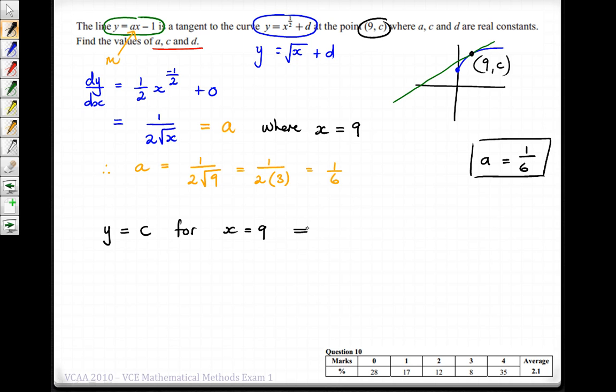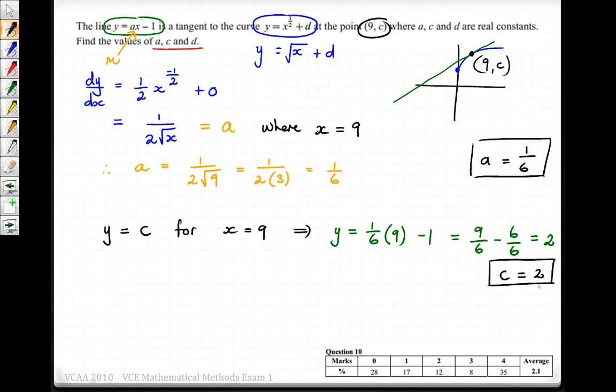So we sub all that into our green equation, and we've got y equals a, which we've found, a sixth, x, which we're going to put in as 9, minus 1. So that equals 9 on 6 minus 1, and we might put that minus 1 as being minus 6 on 6, and here we'd just get 3 on 6 being left over, which is 1/2. So the next piece of information we've found from that is that c equals 1/2.